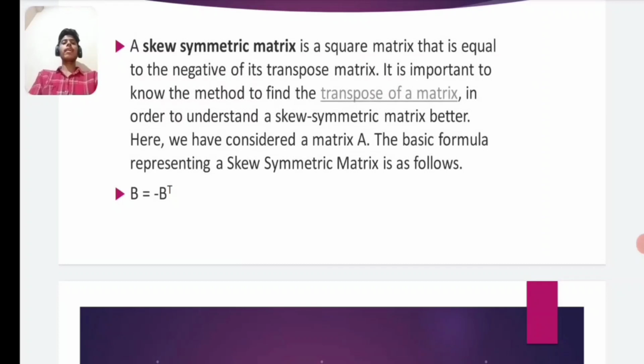So here comes the definition of the skew symmetric matrix. A skew symmetric matrix is a square matrix that is equal to the negative of its transpose matrix. It is important to know the method of finding the transpose of a matrix in order to understand a skew symmetric matrix better. Here we consider a matrix A. The basic formula representing the skew symmetric matrix is A is equal to minus A transpose, or B is equal to minus B transpose.